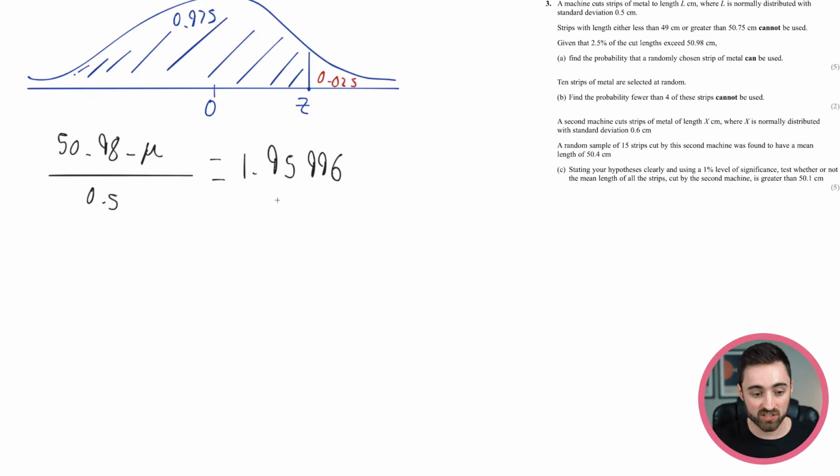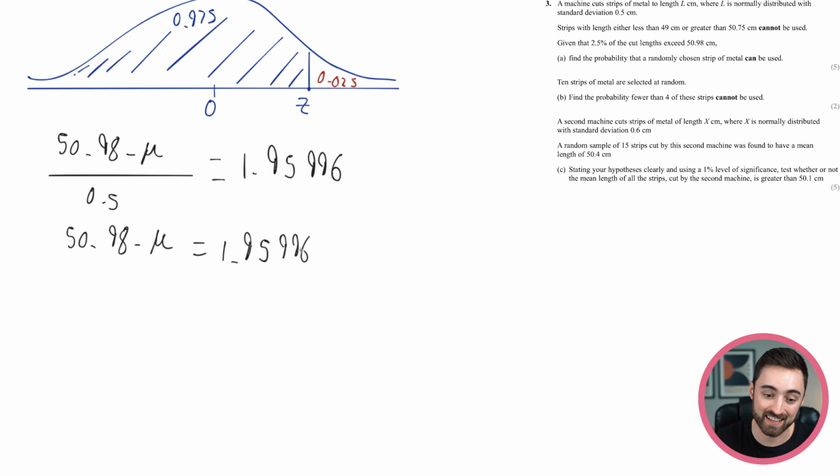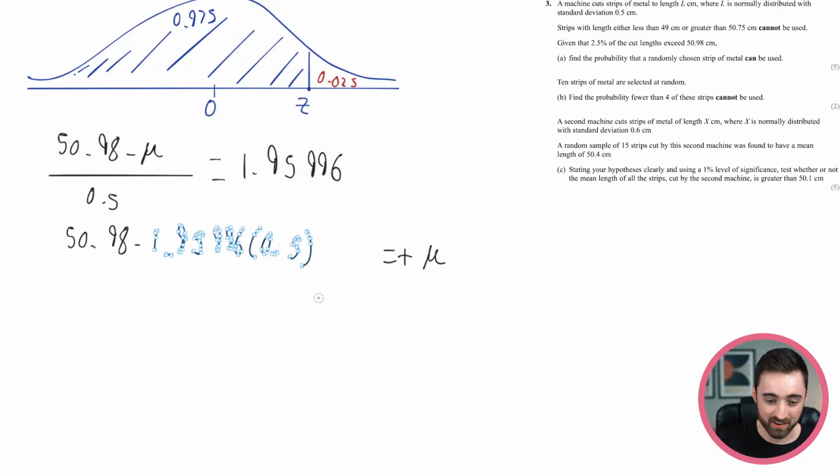Whatever. Cool. The reason I've not rounded that yet is because I'm going to use it in future calculations. So let's rearrange this, okay? Bring the 0.5 up. So 50.98 minus mu equals 1.95996 times 0.5. Add mu to both sides, and I'm going to be really lazy here. This mu is coming over here, but then I'm taking away this. So what I'm going to do is go here, and you're going here.